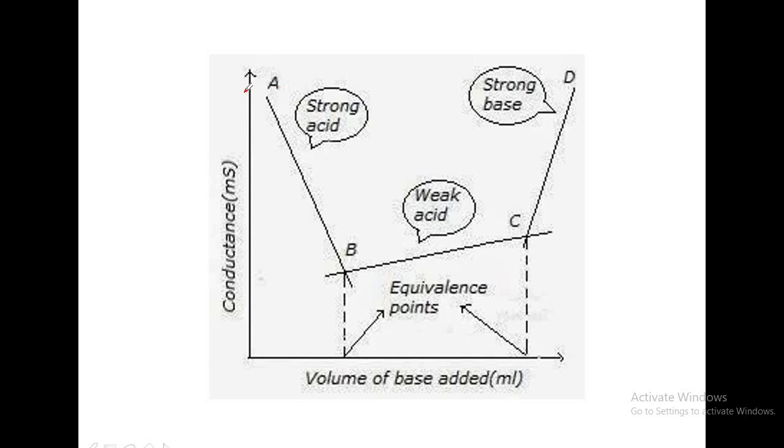Initially conductance is high due to a large number of small, fast moving H plus ions, but when you add NaOH, fast moving H plus ions are replaced by slow moving Na plus ions, so the number of H plus ions goes on decreasing and conductance goes on decreasing, and it reaches a minimum point where all H plus ions are completely converted into water, or replaced by Na plus ions. Now we say that at this point hydrochloric acid is completely neutralized.